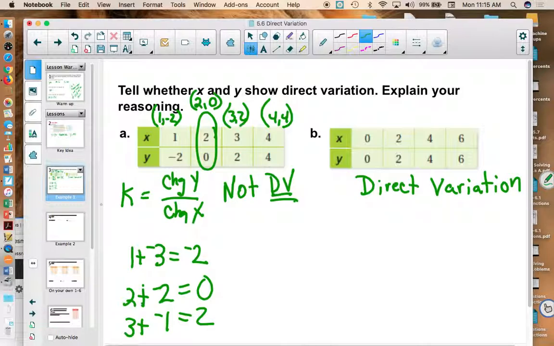Do you know what the pattern is on that one?